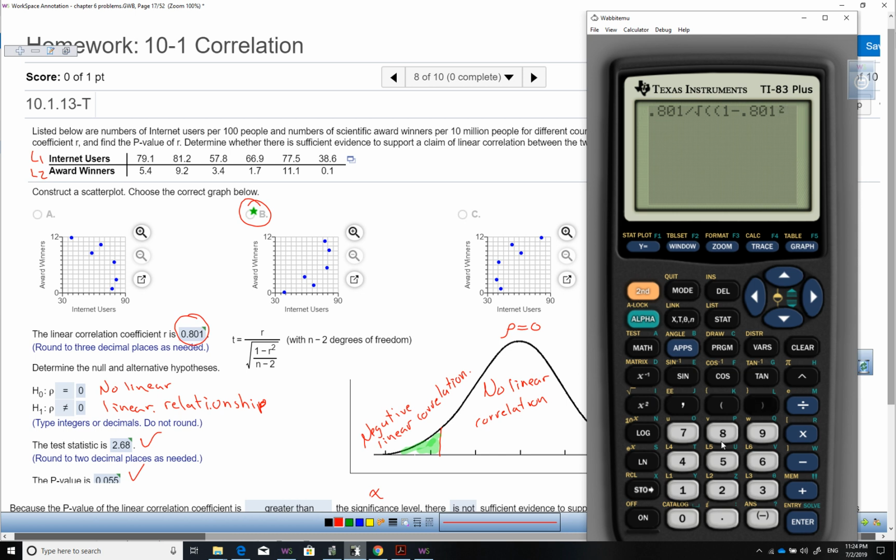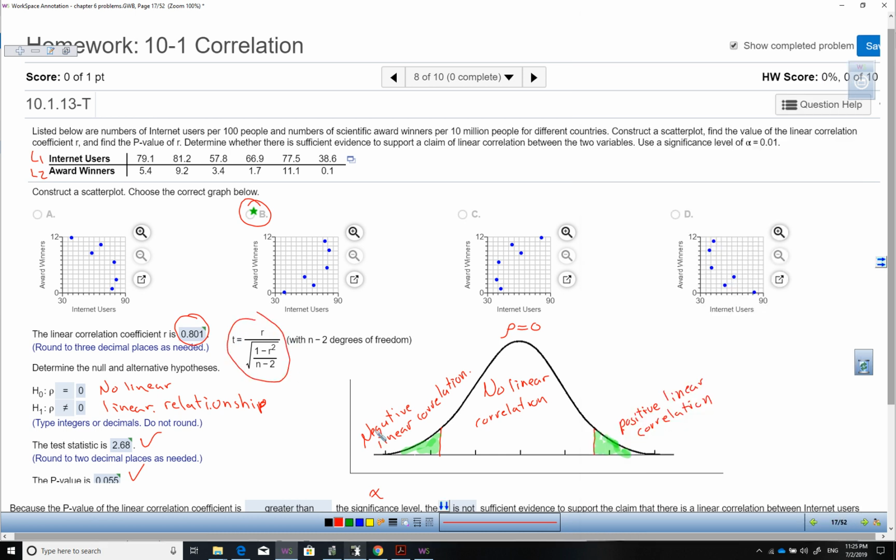I close the first set of parentheses, divided by another set of parentheses, n, which is how many pairs you have. So we have 1, 2, 3, 4, 5, 6 pairs. 6 minus 2, we close parentheses twice, and yeah, that's the number we obtained for the test statistic by following this formula.